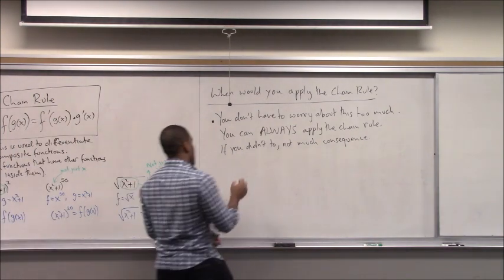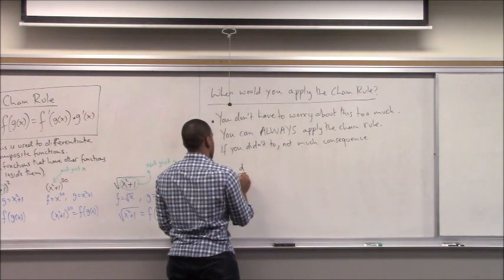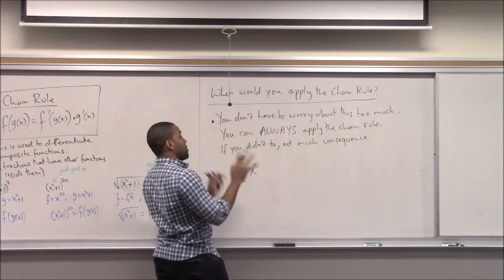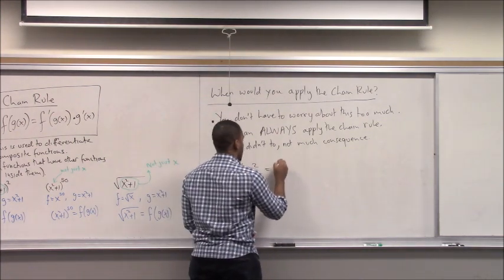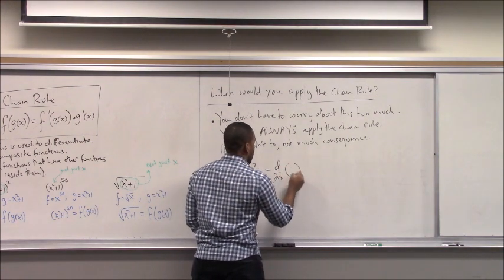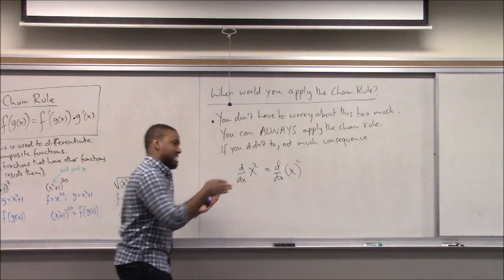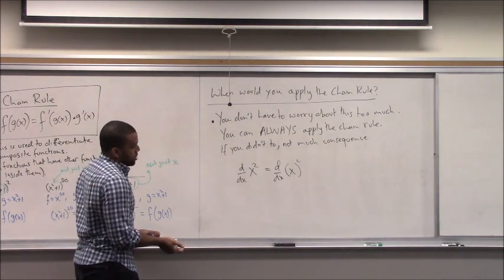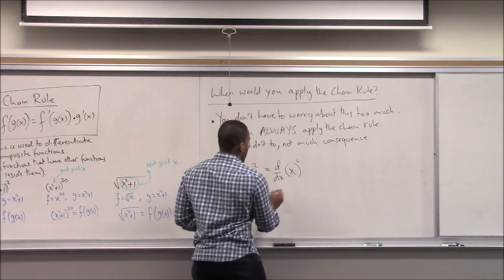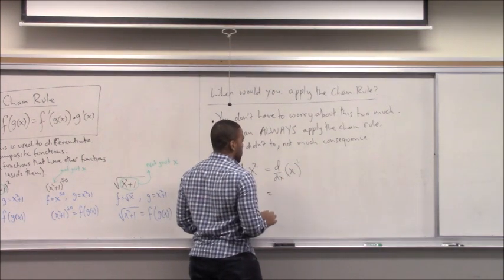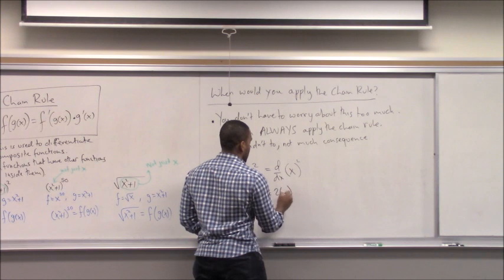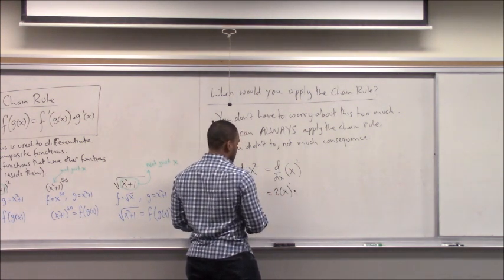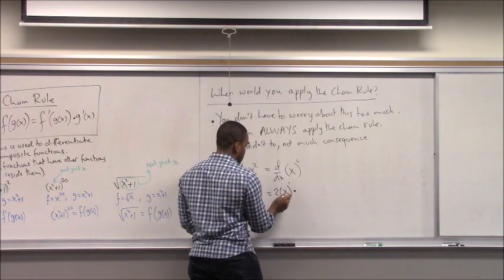For example, we could talk about what's the derivative of x squared, right? Let's say we thought of this as very complicated, like there's an inside function, which you wouldn't normally think about. But if you were to do the chain rule here, you would take the derivative of the outside function, leaving the inside one alone, and then multiply by the derivative of the inside function, which is going to be what? 1.